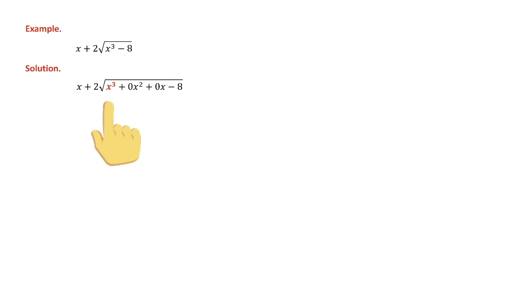Okay, let me try. We have to match up the x cubed, that's the process, and I'm going to use x. I don't care about the 2. We're just trying to match up the x cubed. So what do I need to multiply x by to get x cubed? That's the question, right? X squared, right? So I'm going to take x squared times this term now and put it down here.